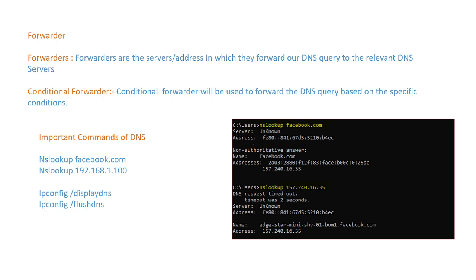So the normal forwarder will simply forward to some server, but here he will not simply forward to anyone, he will forward only to the server that meets the specified condition. Okay, that is called a conditional forwarder.